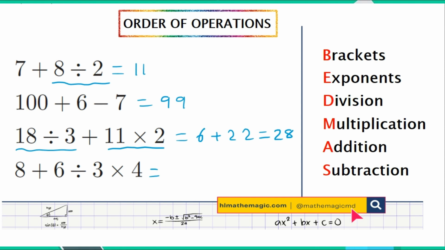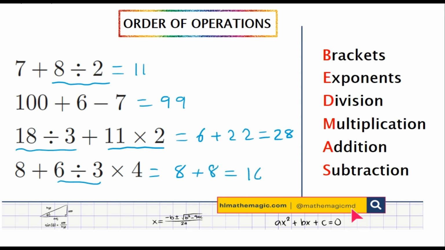So for question 4, a little bit tricky, but you can do the division before the multiplication, so that 6 divided by 3 is going to give you 2. So I'll just write the 8 first. 8 plus, and 2 times 4 is going to give you 8. And then 8 plus 8 is 16. So very good. Well done for doing the second worksheet, and let's move on to the next one.